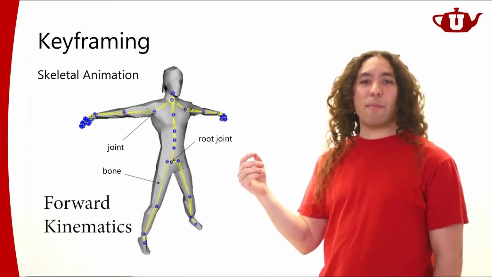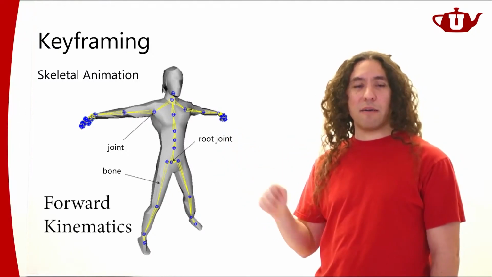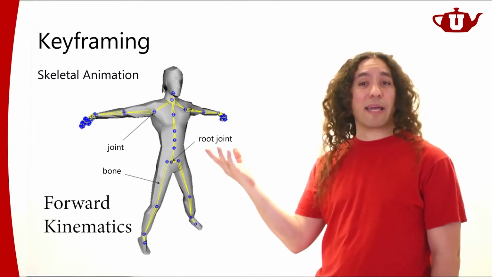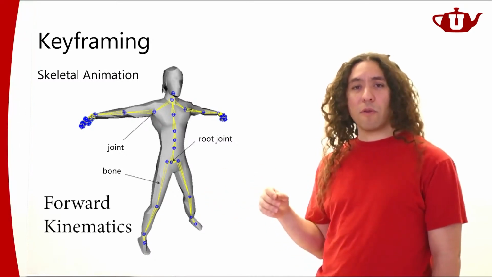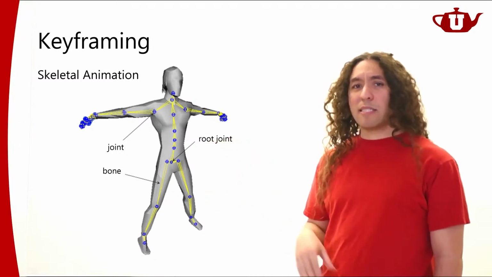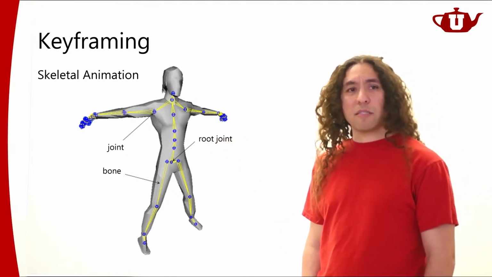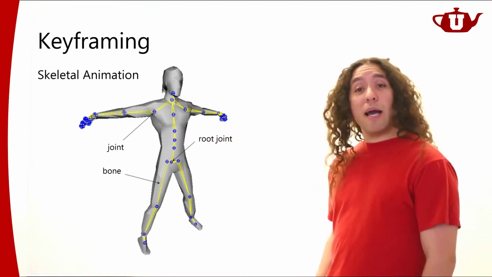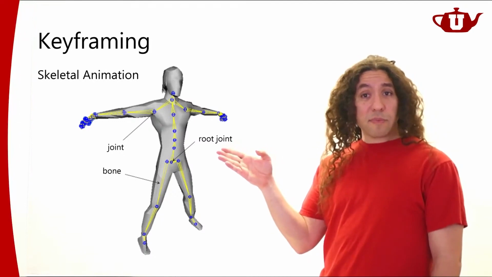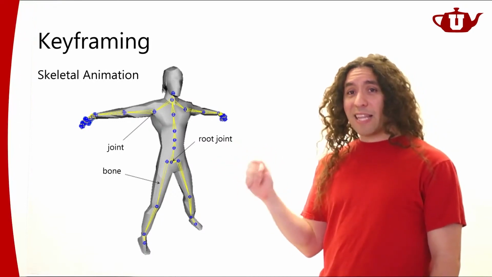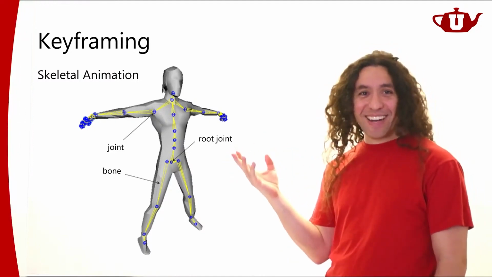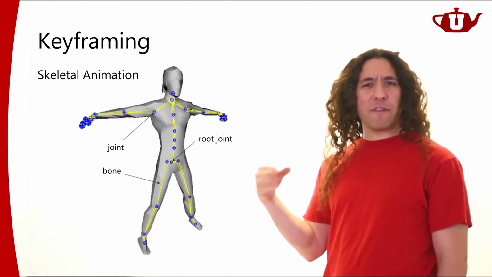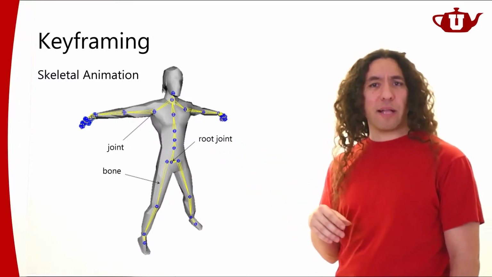Or I can use forward kinematics, in which case I specify the joint rotations, and that gives me a position for the hand or feet and so forth. This is a typical concept of skeletal animation. And as you can see, in this case at least, this skeleton is a lot less complicated than the actual skeleton, right? So it is a simplified form of a humanoid skeleton.